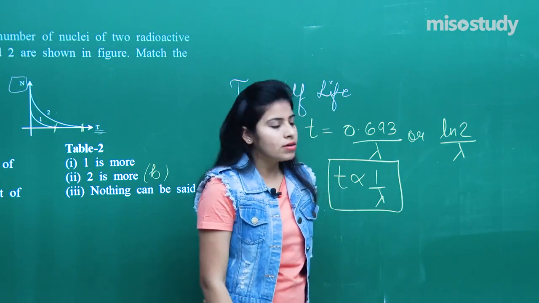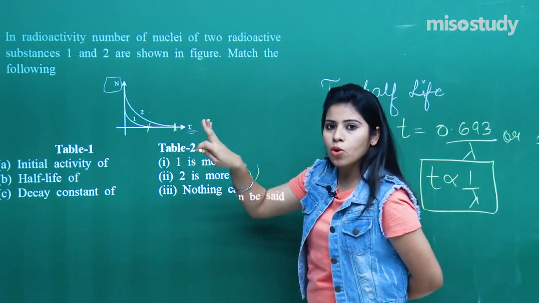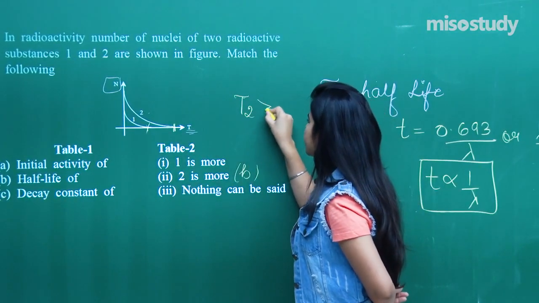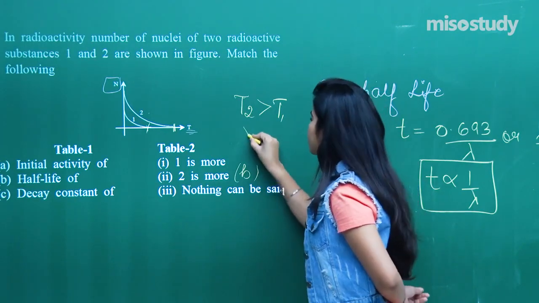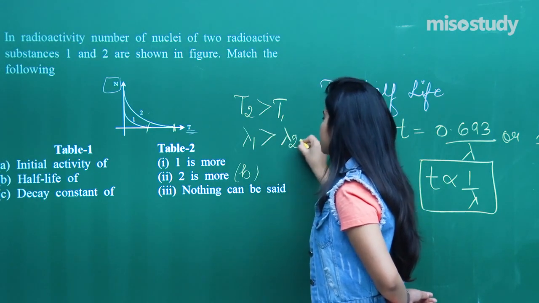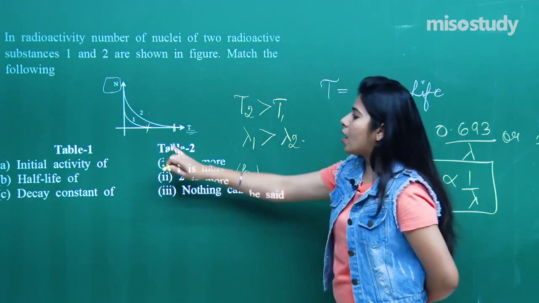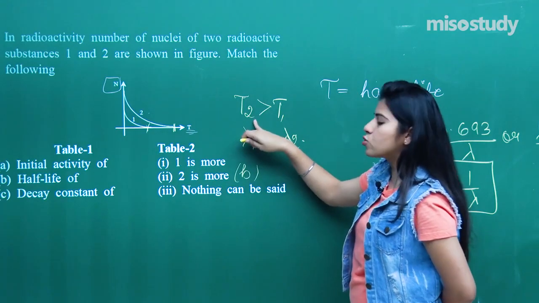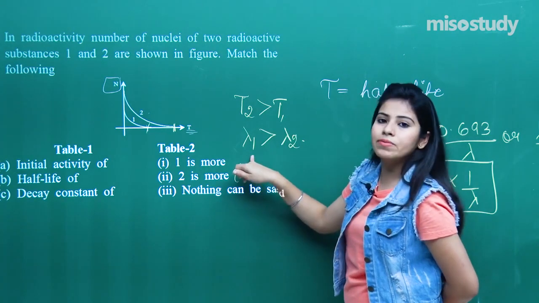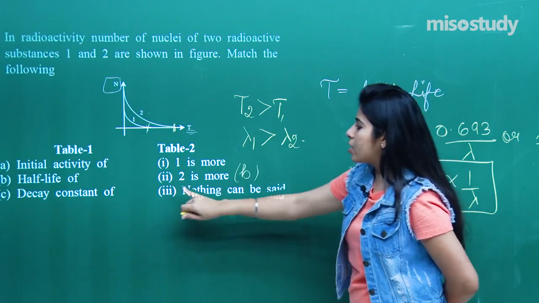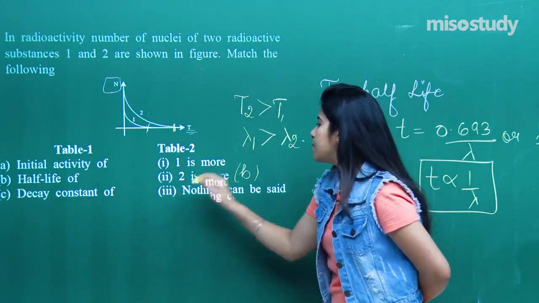Since T2 is greater than T1, and T is inversely proportional to lambda, lambda 1 should be greater than lambda 2, isn't it? From the graph I can see T2 is greater than T1, so definitely lambda 1 should be greater than lambda 2. And here lambda is your decay constant. So we say the decay constant of 1 is more. So this is the C option.